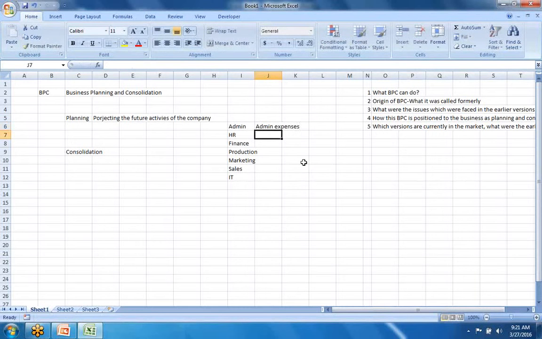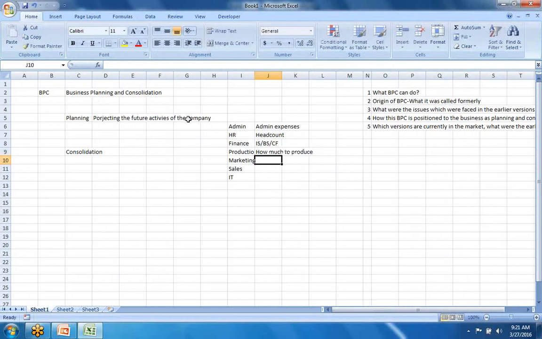The HR department will be planning the headcount required for future activities. The finance department will be planning the income statement, balance sheets, and even the cash flow. The production department will be planning how much to produce.